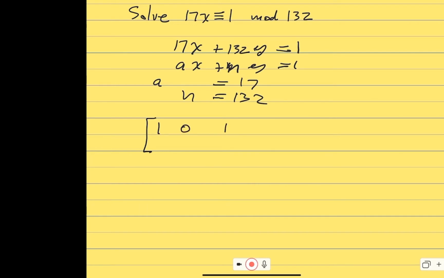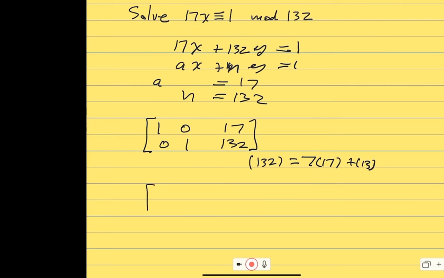And we'll use our usual trick of writing it in a matrix form. 1, 0, 17, 0, 1, 132. Now we're going to divide 17 into 132. If we do that, we get that 132 is 7 times 17 plus 13.